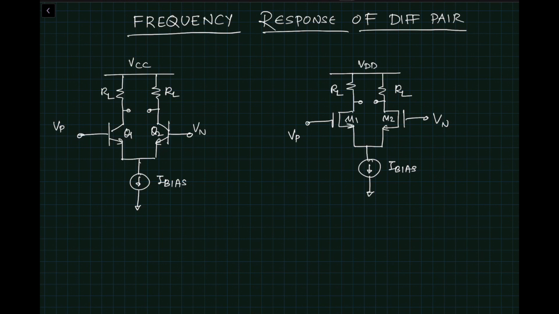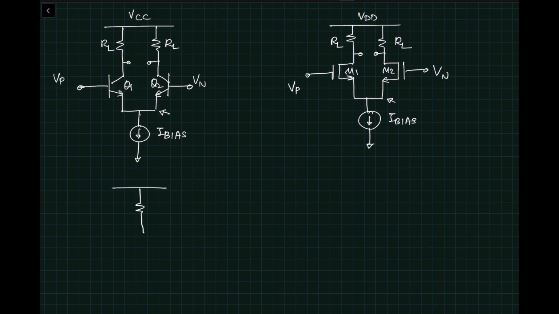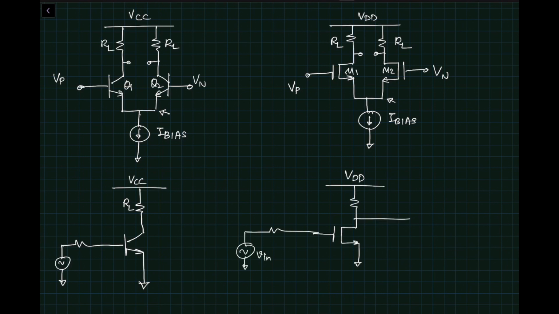For differential input, we say that the tail node is a virtual ground node, and then we only do analysis for the half circuit. So let's draw the half circuit for each one of them, including the effect of the caps.